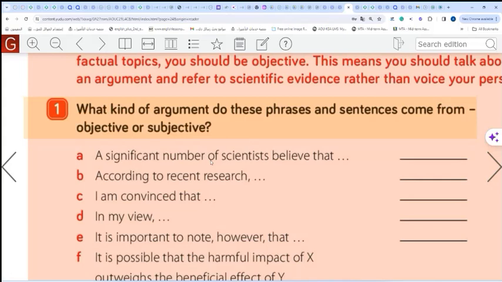So, dear student, what do you think? When I say a significant number of scientists believe that, do we call this subjective, doctor? Subjective. Okay, good. Okay, so we're going to check later. Then, dear students, what about according to recent research?